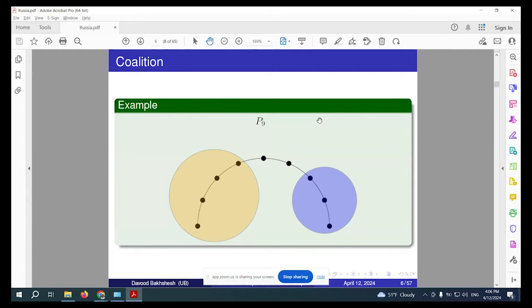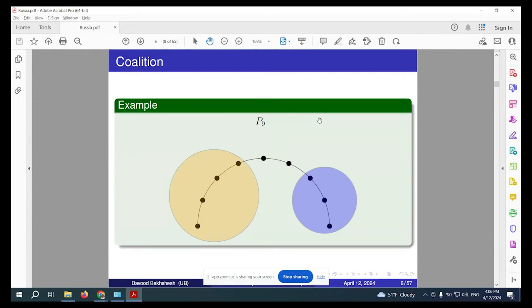We can see an example of coalition. Consider the path P9. You can see here two sets. One set contains 4 vertices, determined with the yellow region, and a set with 3 vertices with blue color.